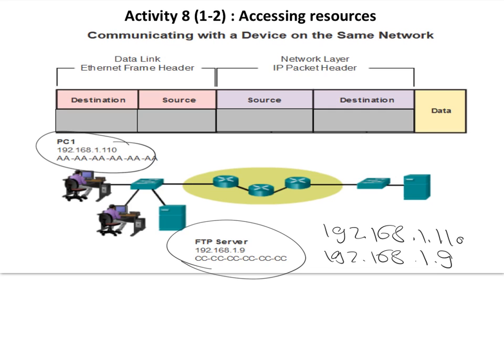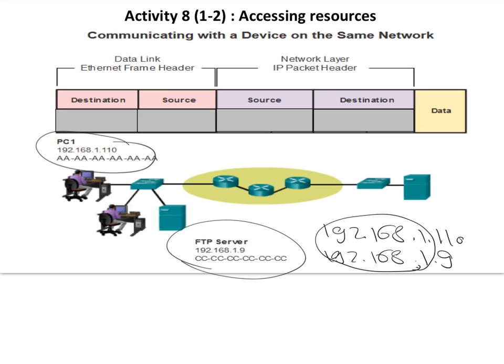So because of this similarity in the network part, PC1 figures out that this FTP server exists on the same LAN. So in that case, it needs to know the physical address, the MAC address, of the direct FTP server.